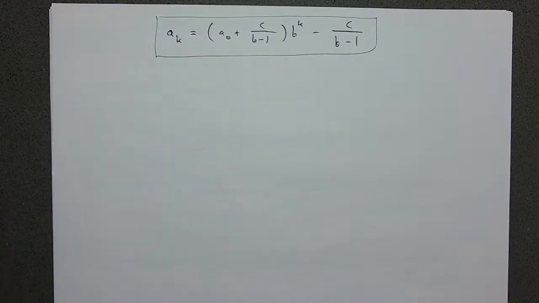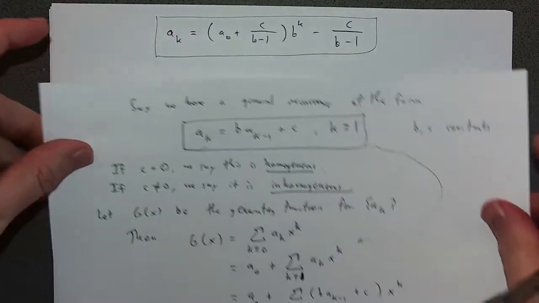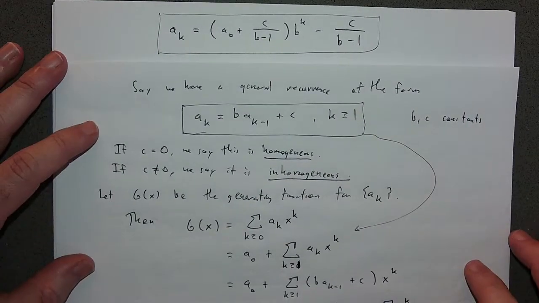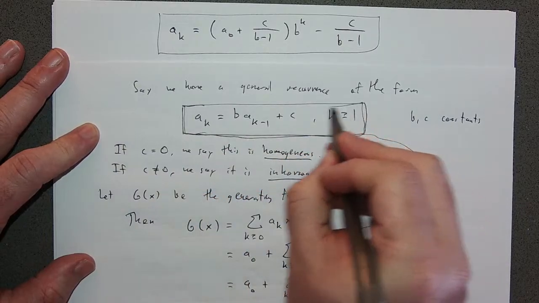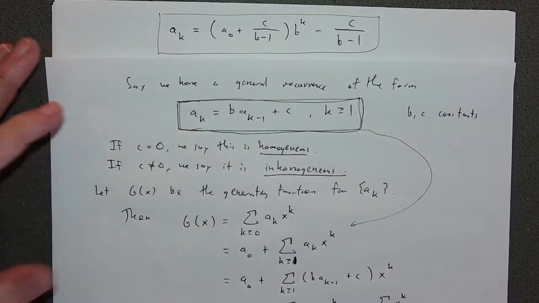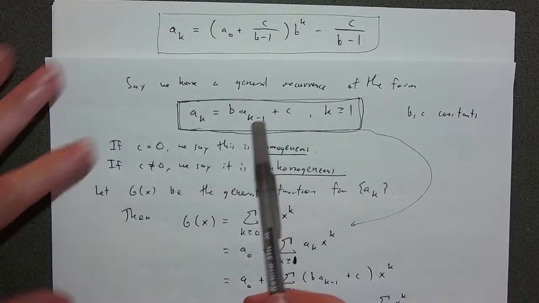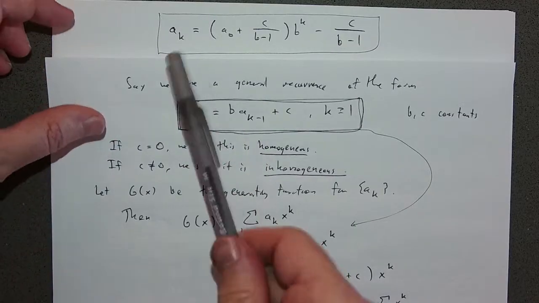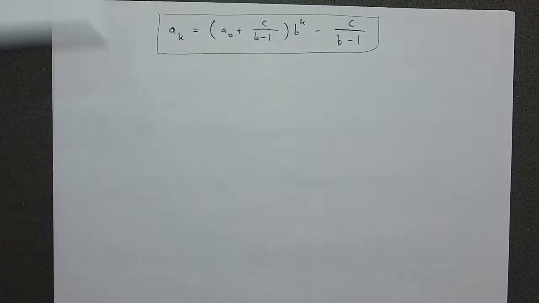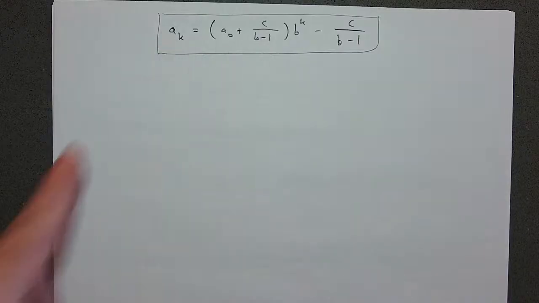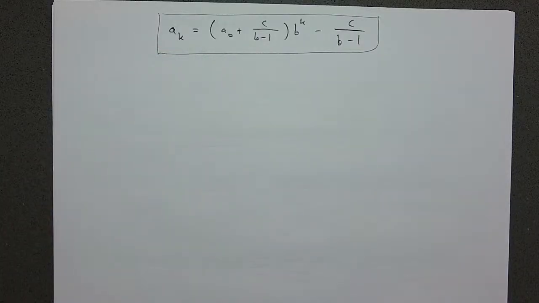Recall that we started only with the generic recurrence of this form, which gave me an expression for a sub k in terms of previous terms in the sequence, using generating functions and the exact same sort of analysis I did for the Fibonacci sequence. I get this nice closed form expression for a sub k, but let's see that this actually works.